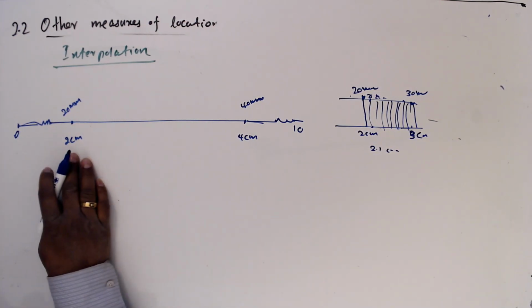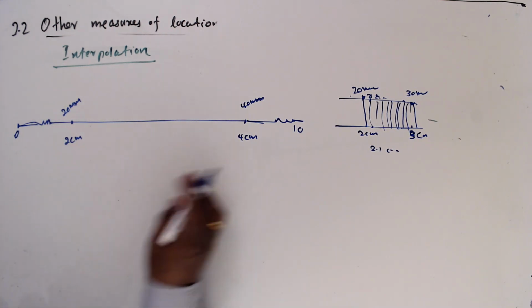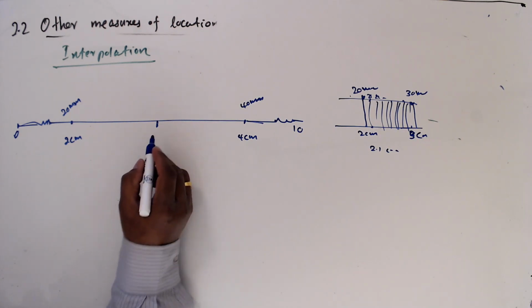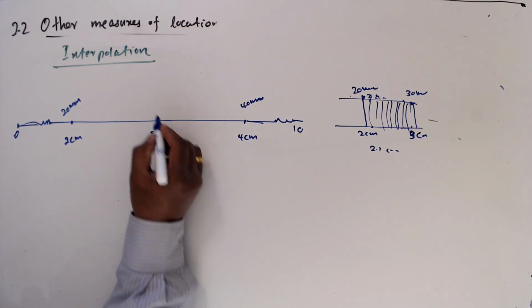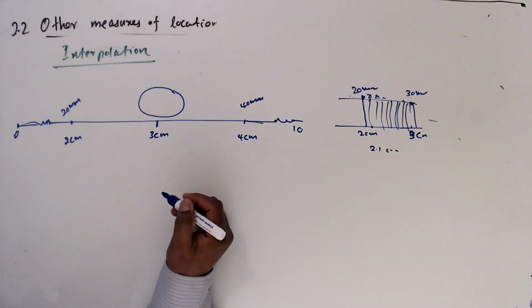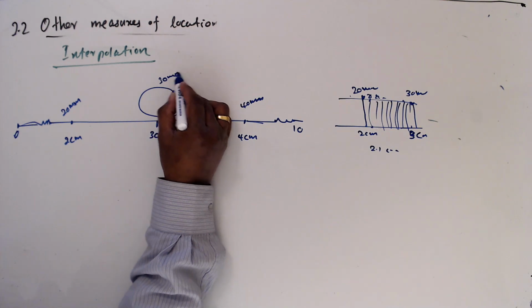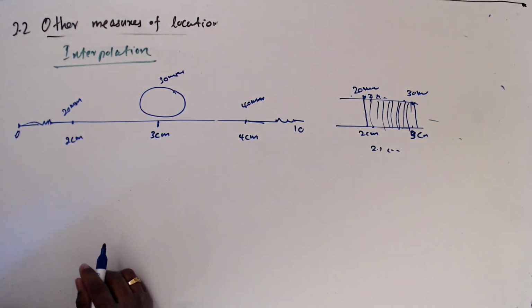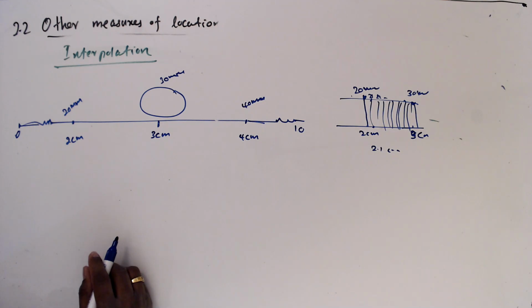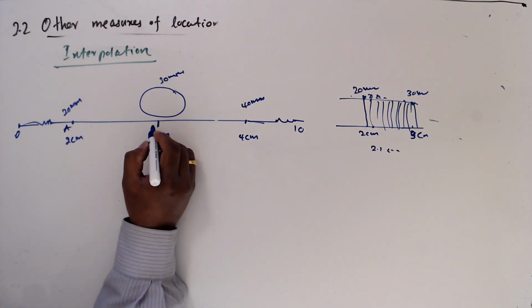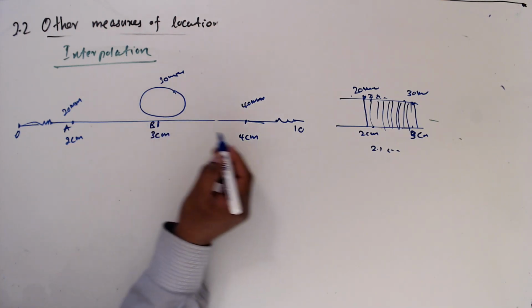So 2 centimeter means 20 millimeter. 4 centimeter means 40. Now if this is 3 centimeter, what is this in millimeter? I know that you will simply tell this is 30 millimeter. Okay, how do you give the calculation for this? When you give the calculation part, that is interpolation. I will mark this as A point, B point, and C point.